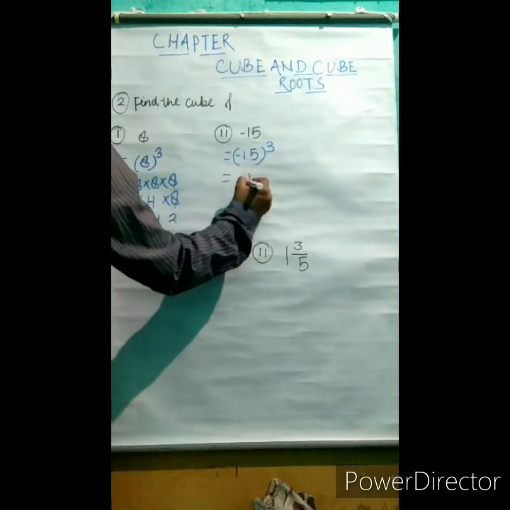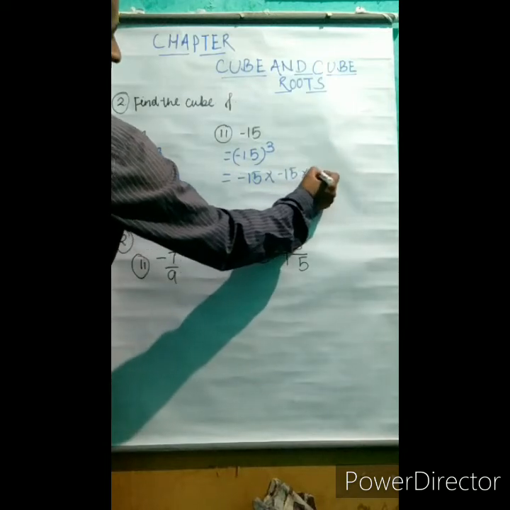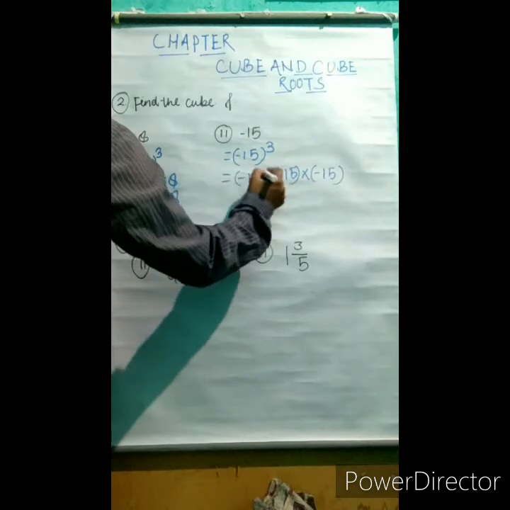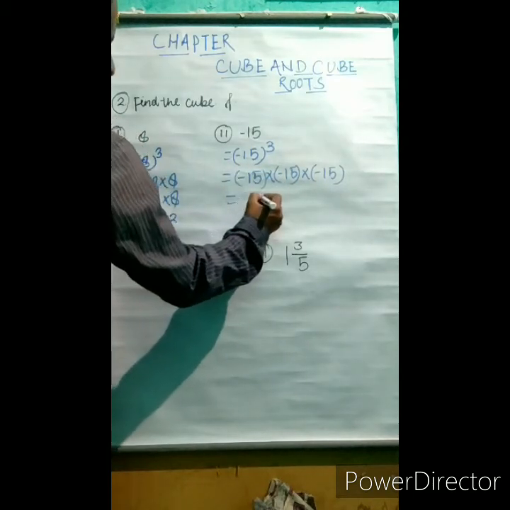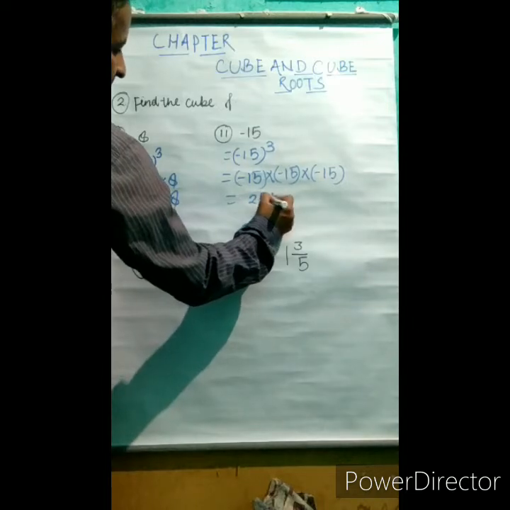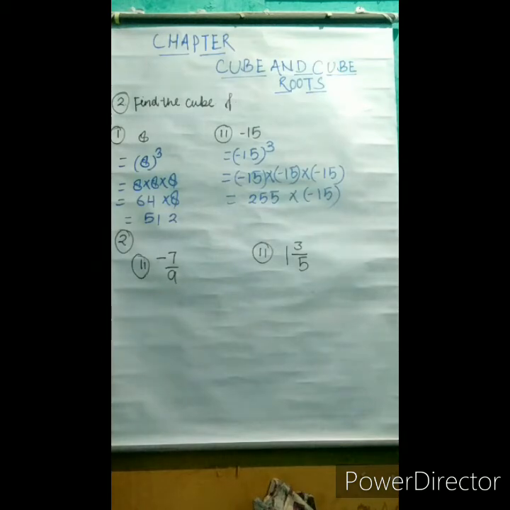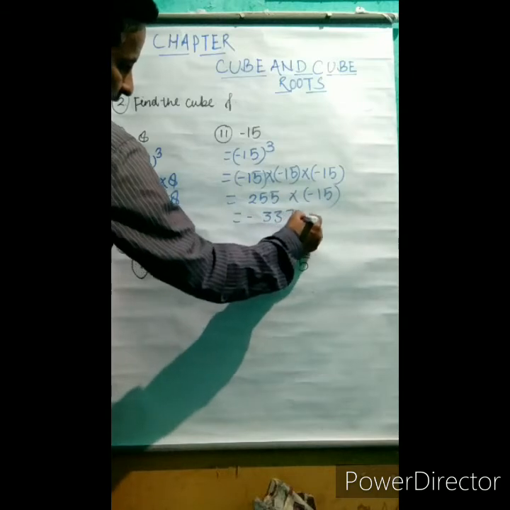How do we find minus 15 multiplied 3 times? Minus multiplied by minus is plus, 225 multiplied by minus 15, and then 15 multiplied by 225, which will give you the cube of minus 15, minus 3375.